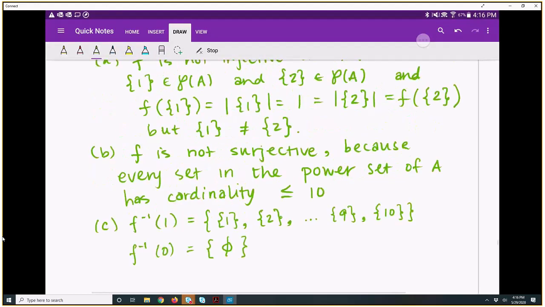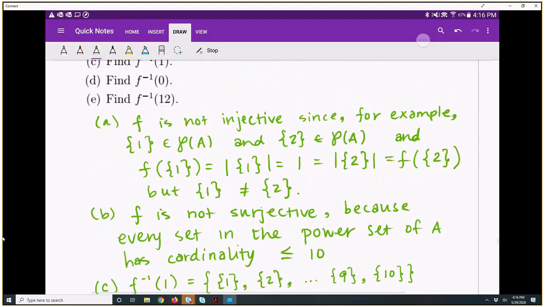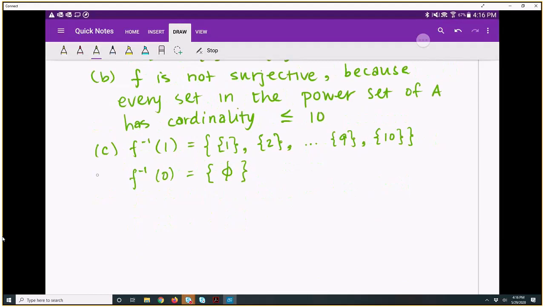It also asks us to find the inverse image of 12. And we already said in part B that every set in the power set of A has cardinality less than or equal to 10. So there is no set in the power set of A that has cardinality 12, which means the inverse image of 12 is the empty set. So I want to make this distinction here between these two answers.